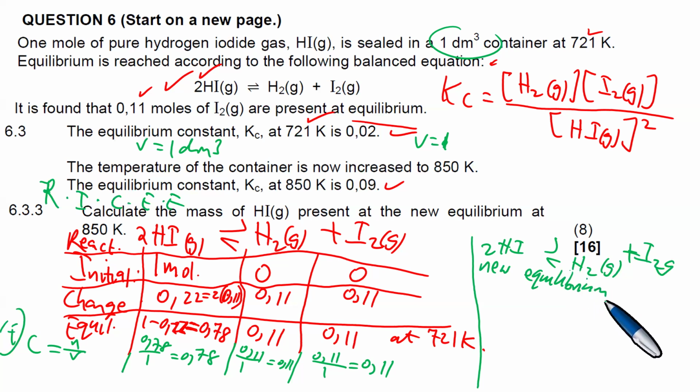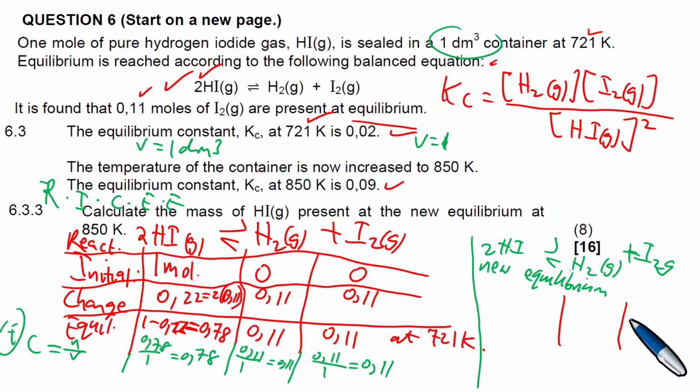When we have the new equilibrium, it means that the concentration changes. We saw that the Kc increased, and because the Kc increased, it was a good sign that in the new equilibrium you'd have 0.11. So what will be the new concentrations now? That is the discussion we're having.